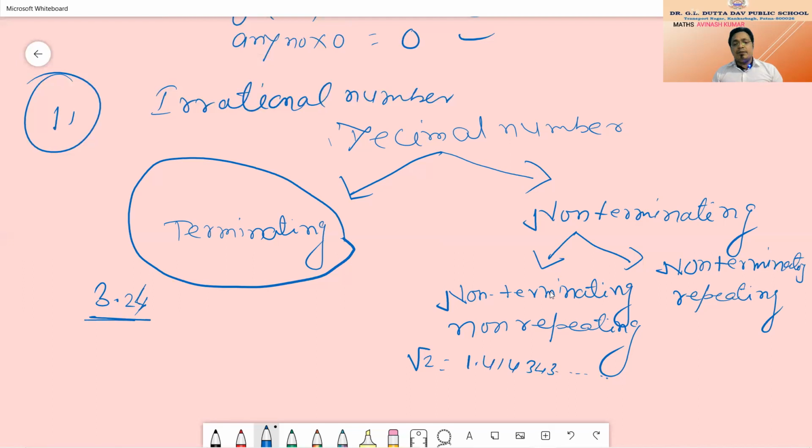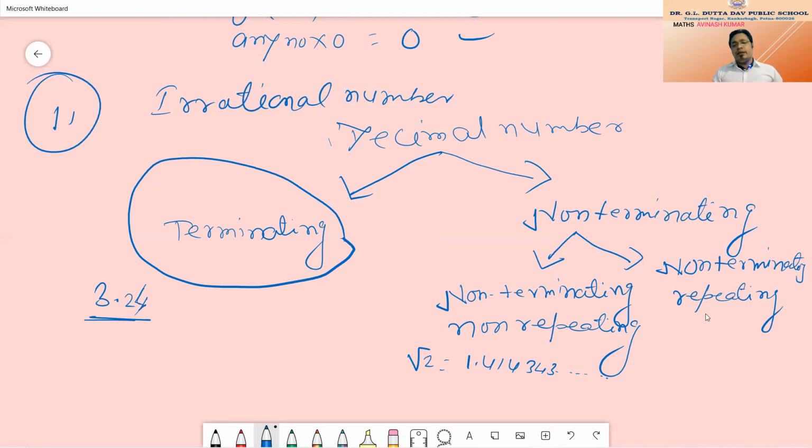Is it clear? That is called non-terminating. Non-repeating means no digit repeats after the decimal point. Fine, students.